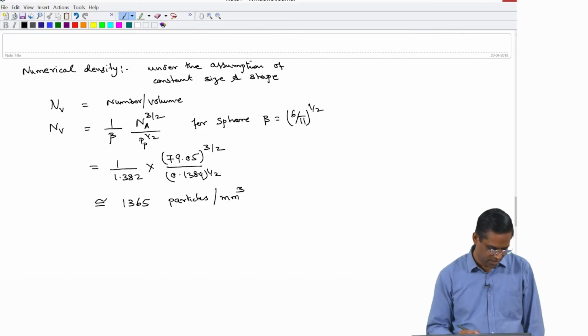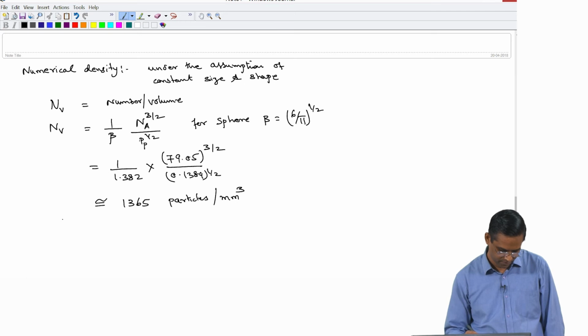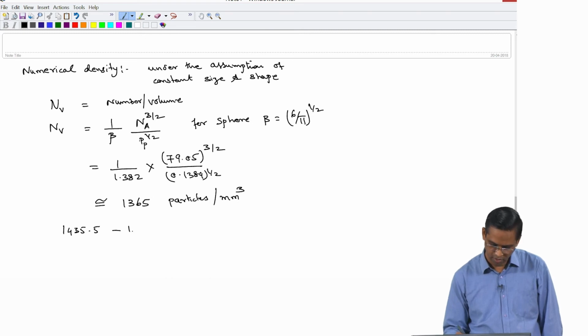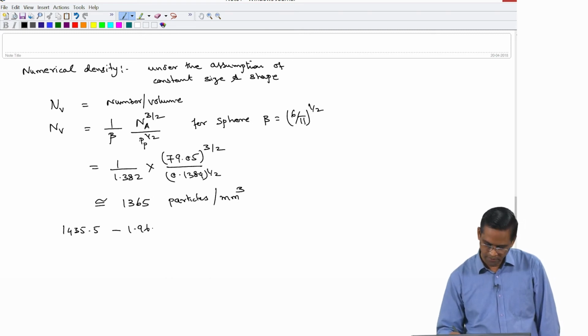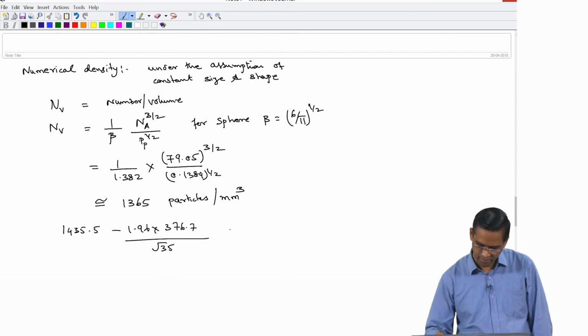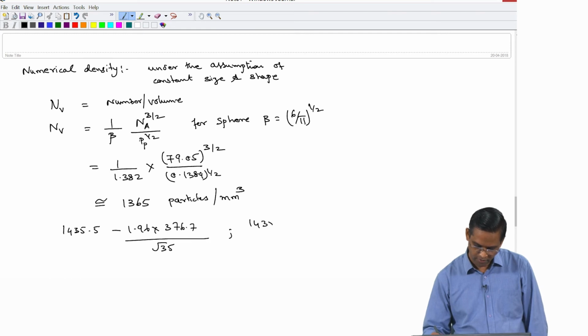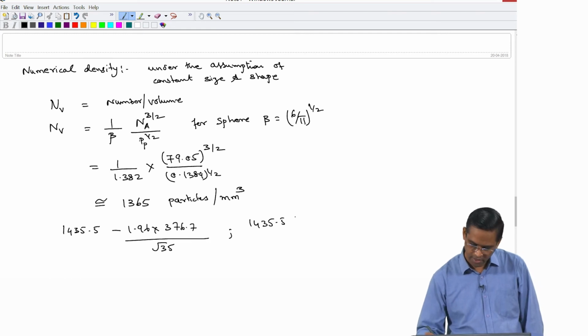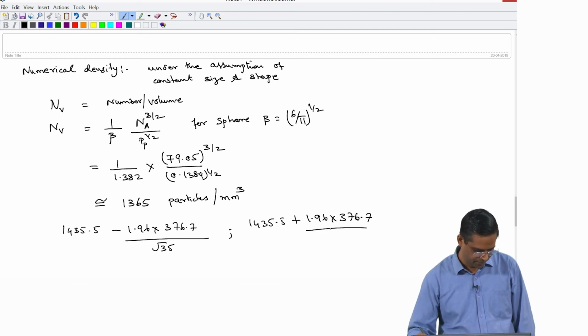So, you can report it like this: 1435.5 minus 1.96 into 376.7 divided by the square root of 35, and 1435.5 plus 1.96 into 376.7 divided by the square root of 35.